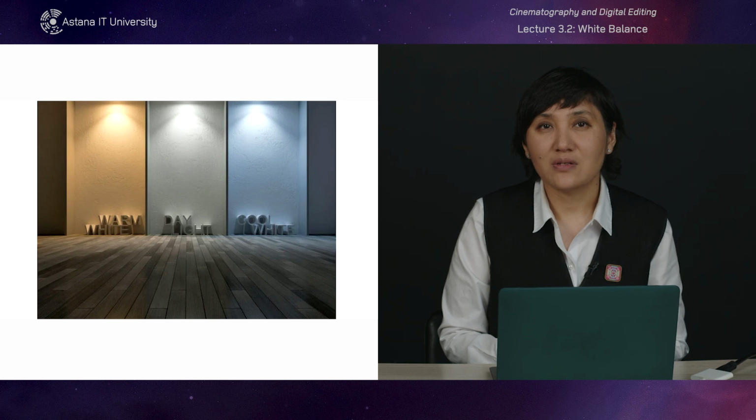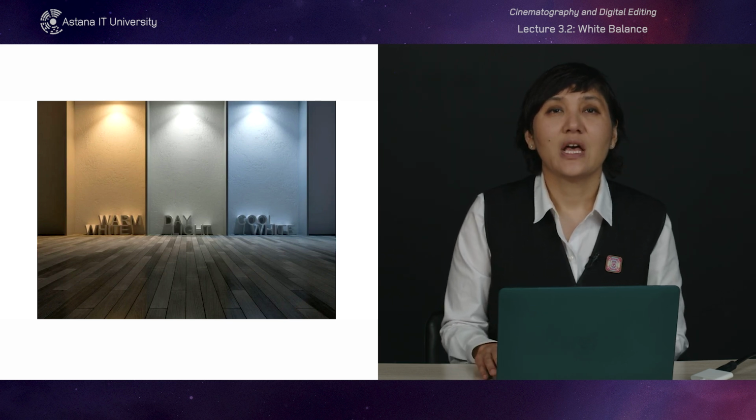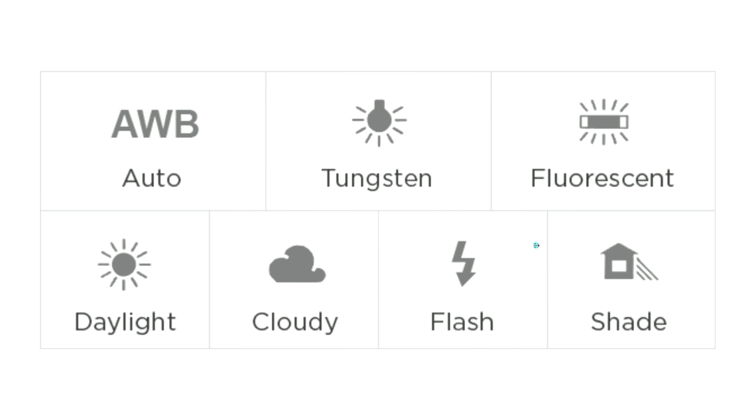Correcting the white balance to around 3200 Kelvin will neutralize this effect, rendering colors more accurately. Conversely, shooting under daylight with an incorrect white balance set for tungsten lighting could result in a blue cast over the footage. The goal of adjusting white balance is to make sure that the white areas of your scene appear white, which will in turn correct the rest of the colors.